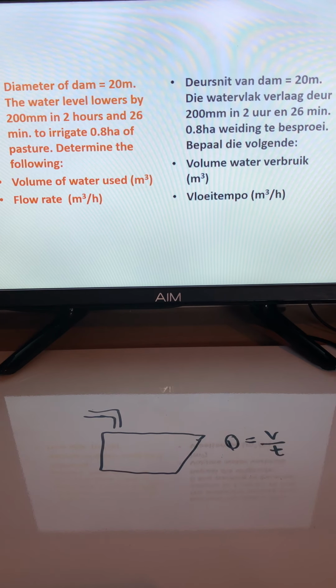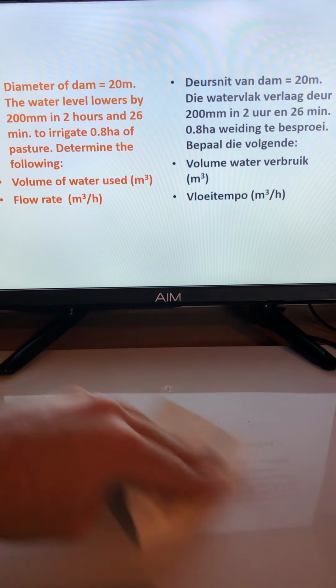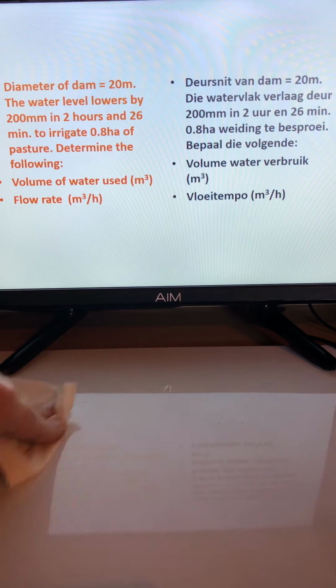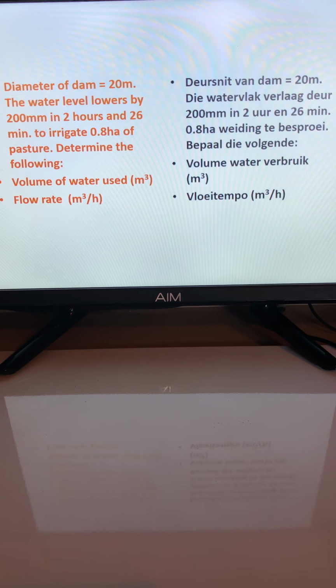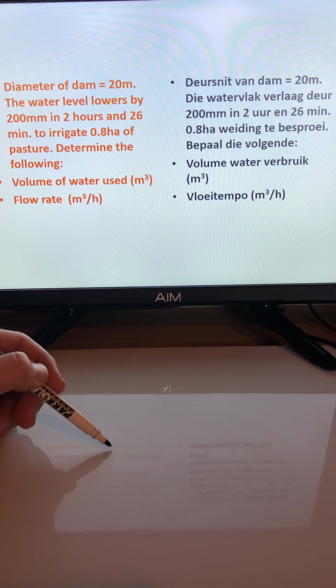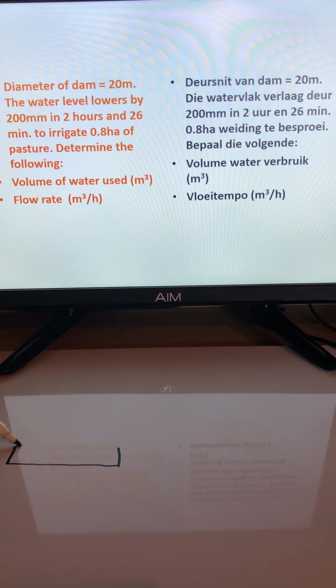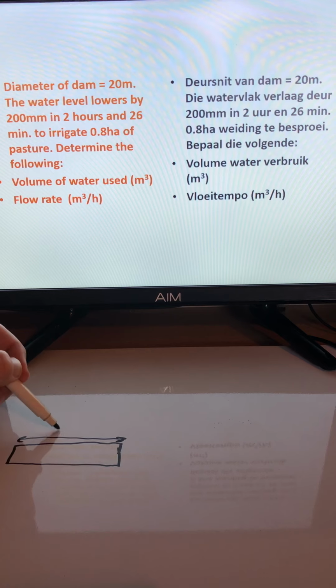Okay, so here's a sum. You have a dam, and the diameter of the dam is 20 meters. The level lowers by 200 millimeters in 2 hours, 26 minutes. Determine the volume of water used. Let's sketch the dam like this, and the diameter of this dam is 20 meters.